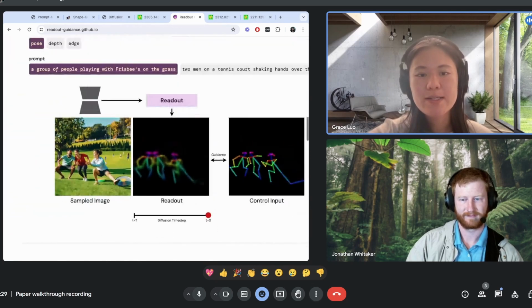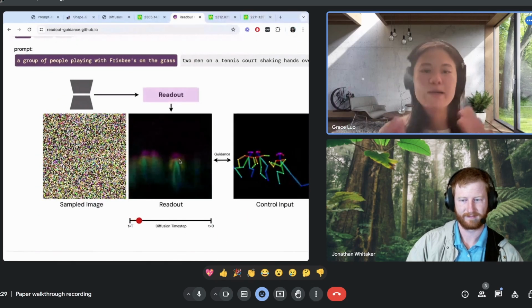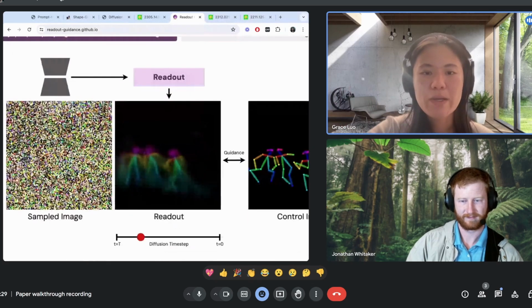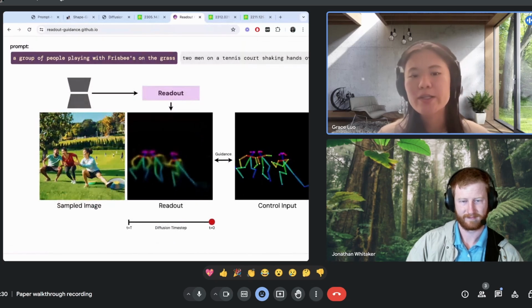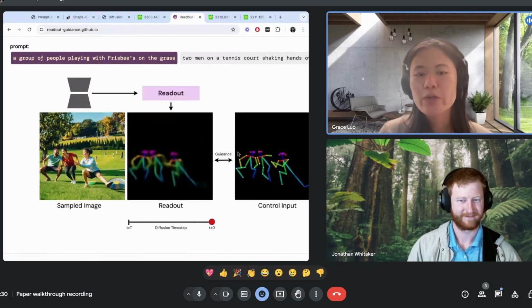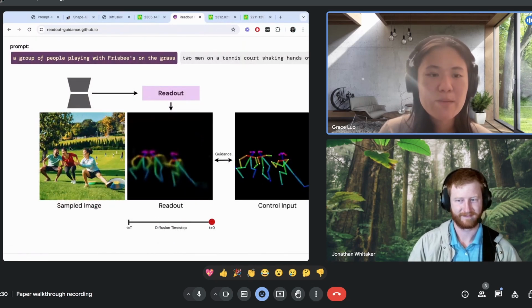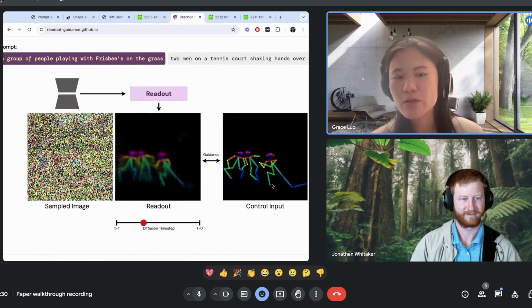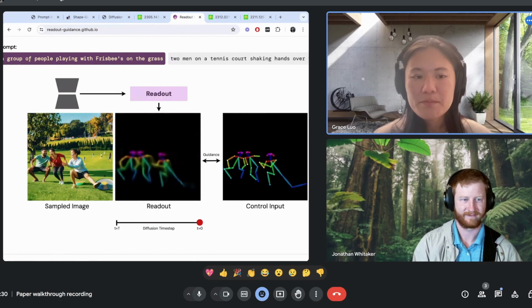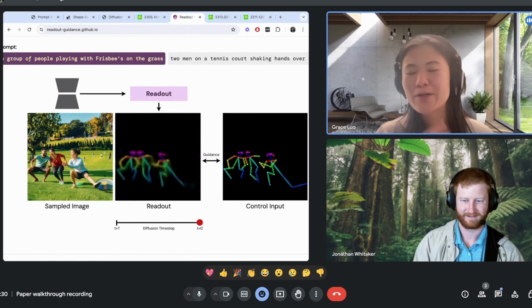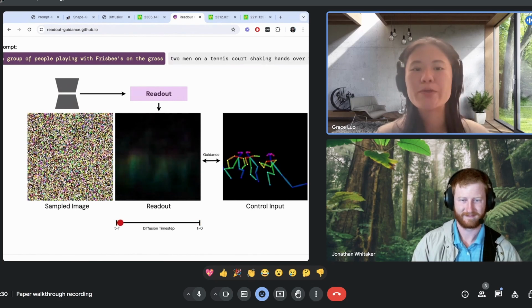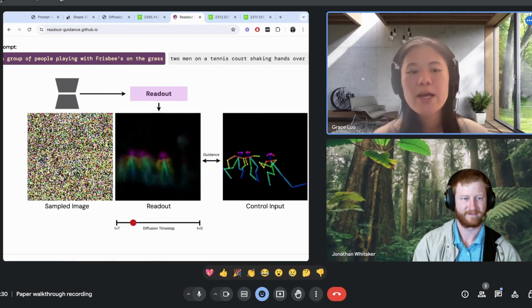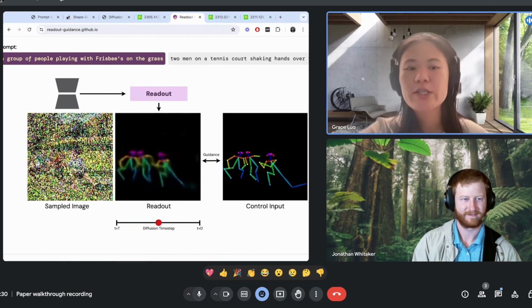And our model is able to understand this pose output space, where we apply a loss during the diffusion sampling process to encourage the estimated pose of the image that we're generating to be very similar to the input that we had as a user. And so that is the manifestation of how you can use these discriminative abilities in order to do better, more controlled generation.